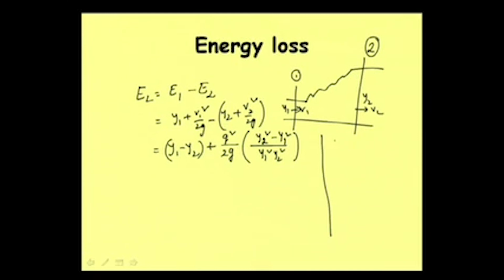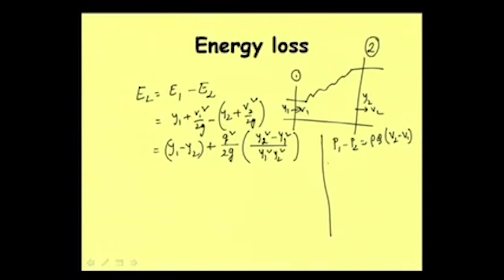We were writing in this expression, starting from this one, P1 minus P2 is equal to rho q times (v2 minus v1). That is our very basic momentum equation, neglecting the friction loss.